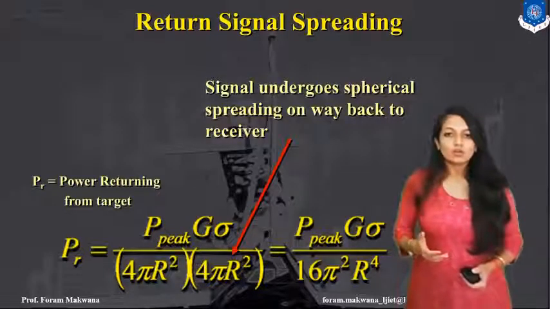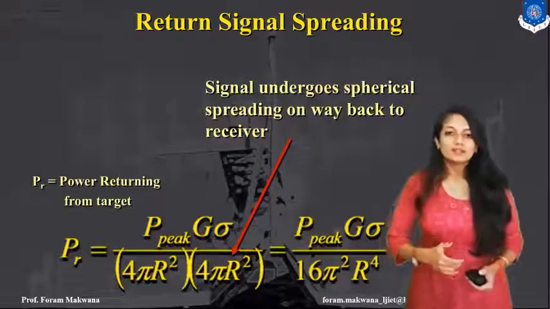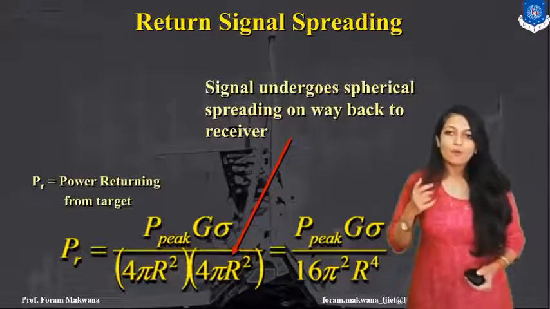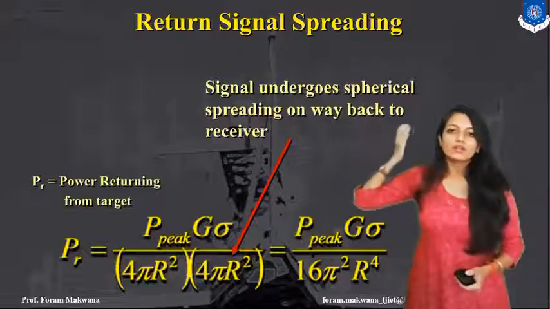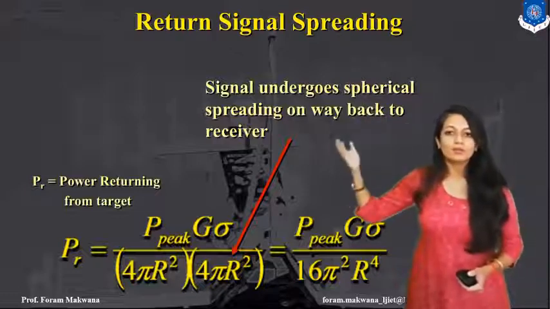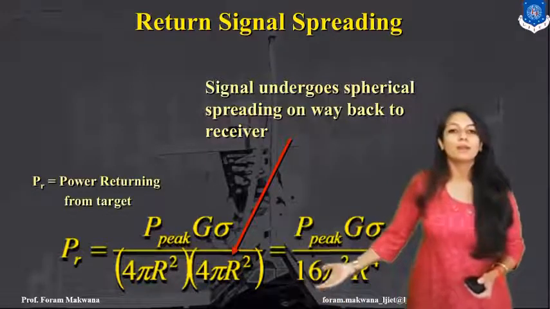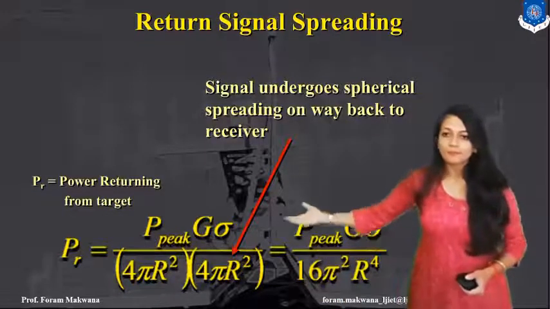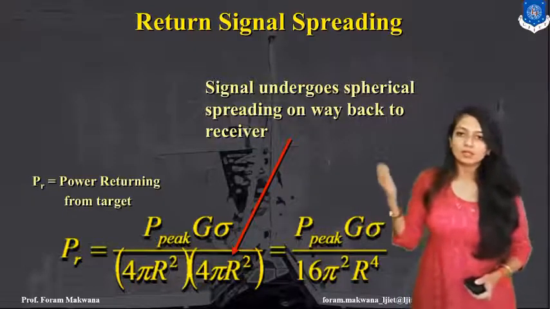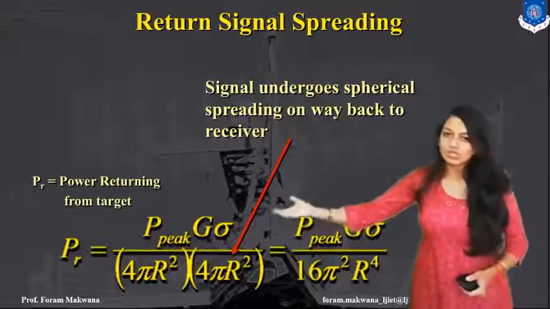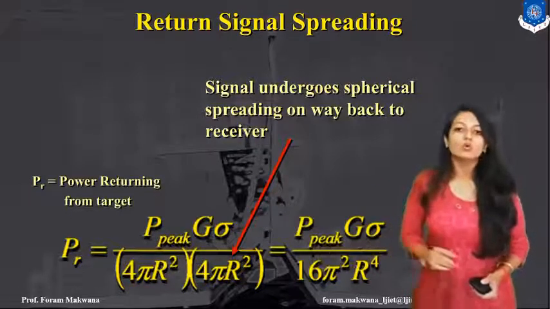Based on how long my signal is transmitted, the signal will undergo spherical spreading on the way back to the receiver. That's why we again divide by 4 pi r square. So my received power, the power returning from the target, equals P peak into G into sigma upon 4 pi r square, whole square.